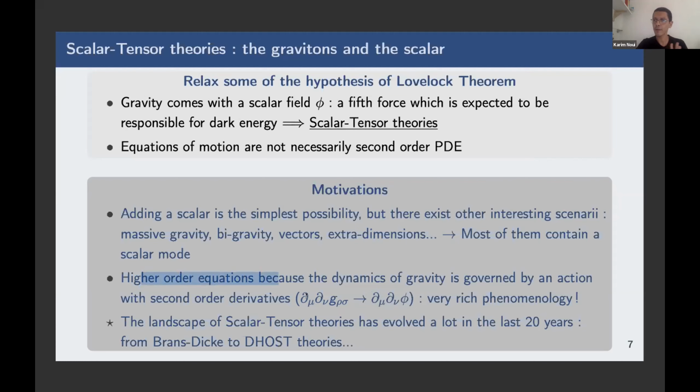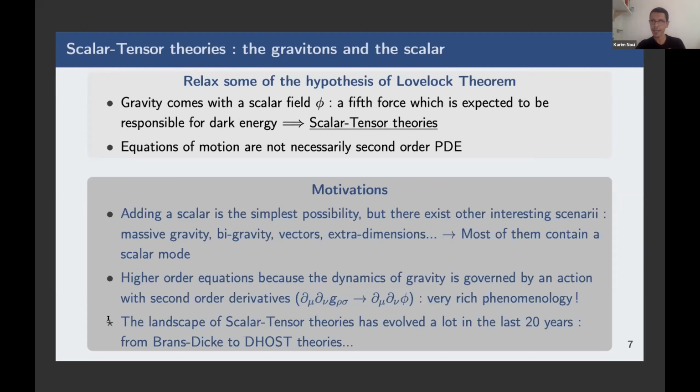This does not happen in general relativity for reasons that you know very well. But in the case of scalar tensor theories, if you add second derivatives of the scalar field in the Lagrangian, then you will get higher order equations naturally. And this will imply an extremely rich phenomenology that I will try to summarize quickly in the following.